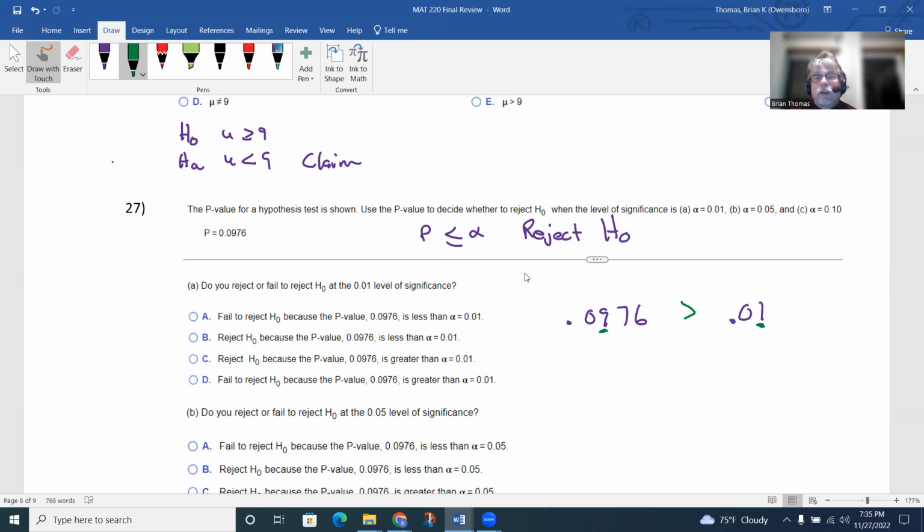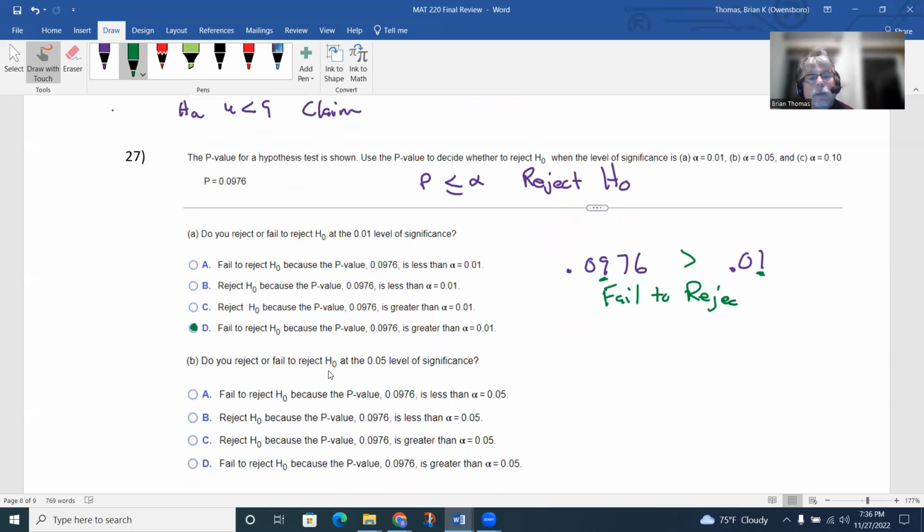Since it's not less than or equal, we fail to reject the null hypothesis. So our answer is either going to be A or B. We fail to reject because the p-value, 0.096, is less than, no, we fail to reject because the p-value is actually greater than that. So that would be D, because you reject if it's less than, you fail to reject if it's greater than.